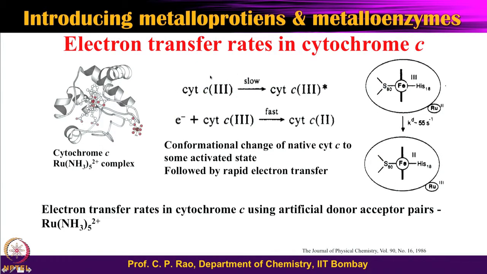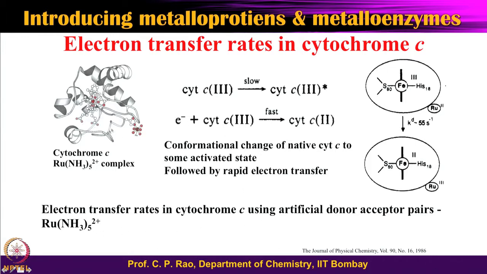Okay, how does the electron transfer occur? As you can see, this example has been worked out using ruthenium ammonia complexes. People have also studied ruthenium pyridyl. Let us take ruthenium ammonia complexes.